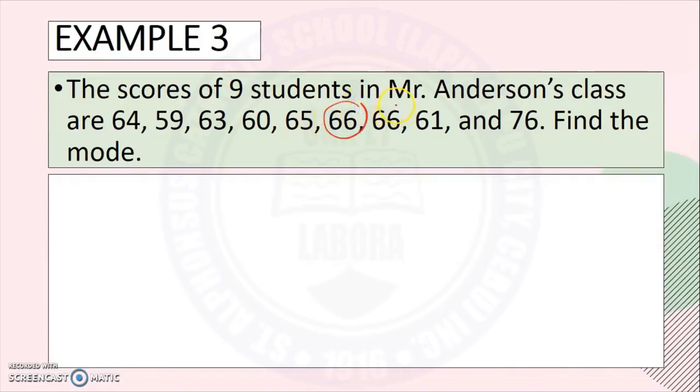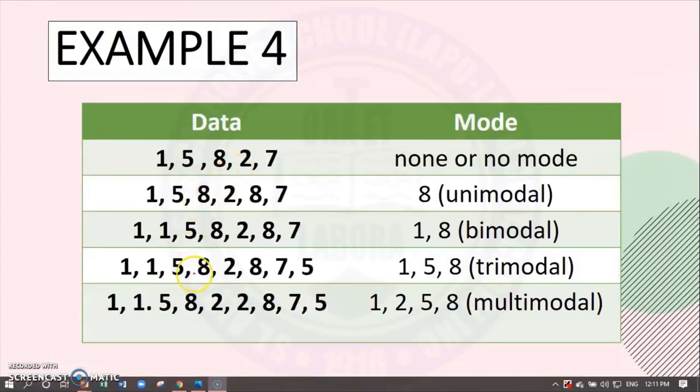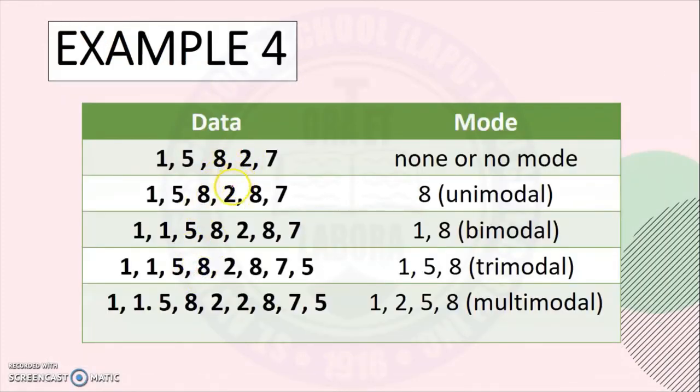It occurs 2 times in the given set of data. We have two 66s here. So that means the mode is 66 and this is unimodal.